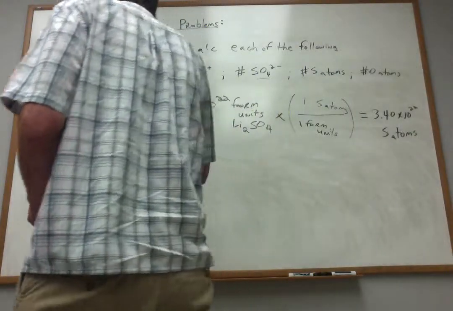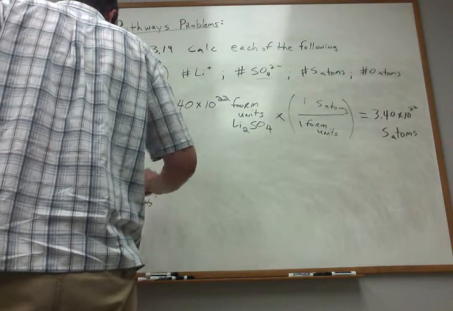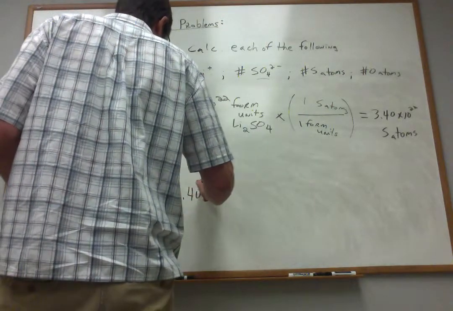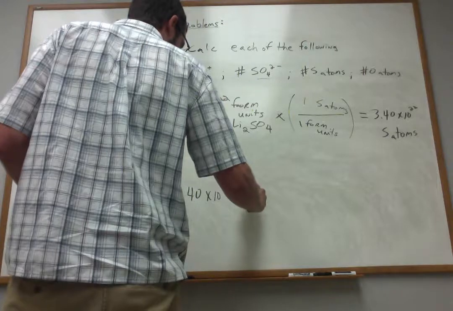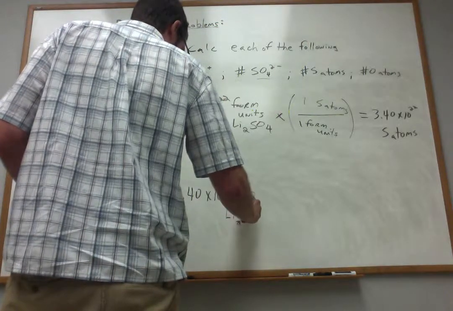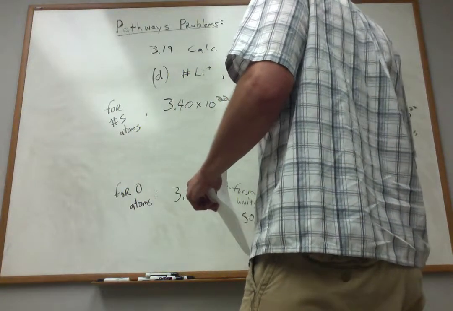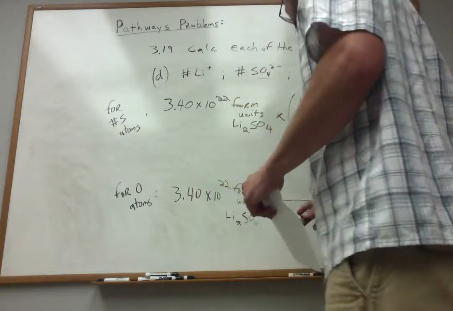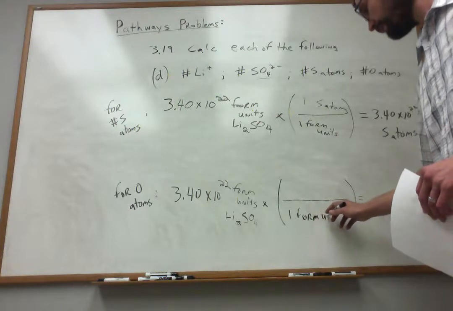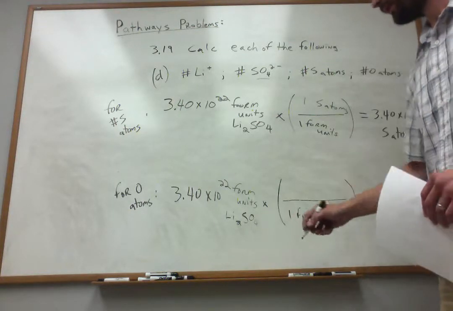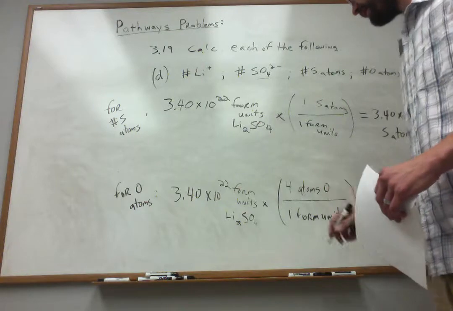But the story will be a little bit different, I think, for oxygen. I still have 3.40 times 10 to the 22nd formula units of the compound. That, of course, is the same. But the thing is now, for every 1 formula unit of this material, I've got 4 atoms of oxygen.